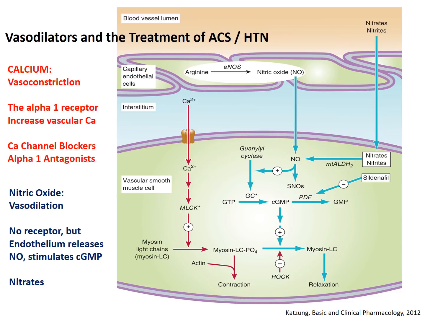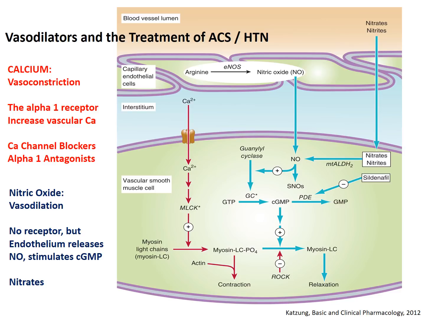Nitric oxide diffuses out of the endothelial cells into the muscle cell, and then nitric oxide stimulates an intracellular component called cyclic GMP, and cyclic GMP now inhibits myosin so that the muscle goes into relaxation, or vasodilation.